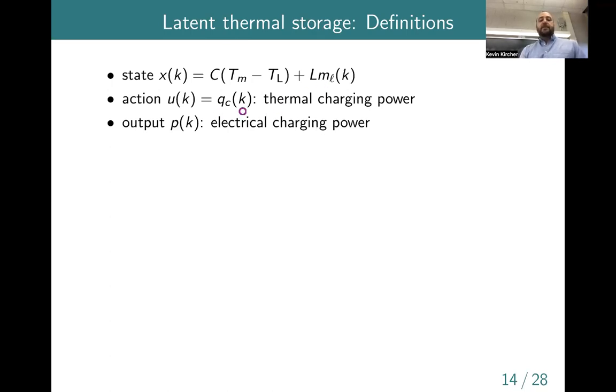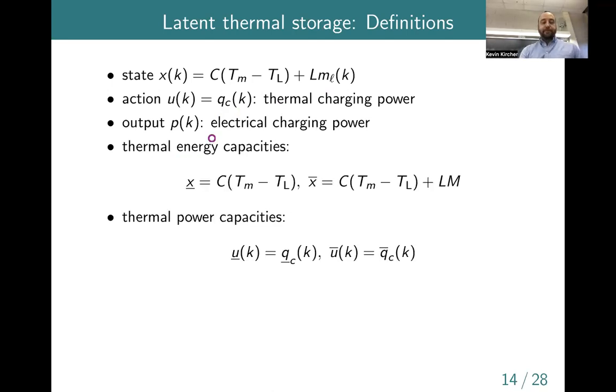And then U is the thermal charging power, and P is the electric power associated with that. For the capacity constraints, when ML is equal to 0, there's no liquid mass, so all the mass is still solid, and that gives us our lower energy limit. The upper energy limit is when ML, the melted mass in the tank, equals the total mass M in the tank.